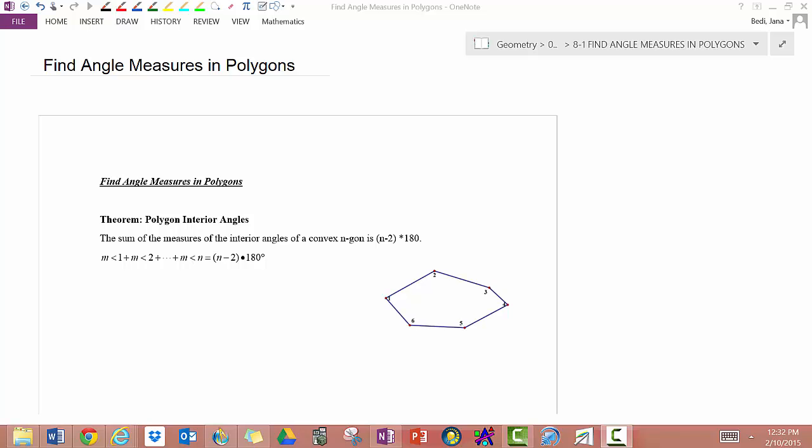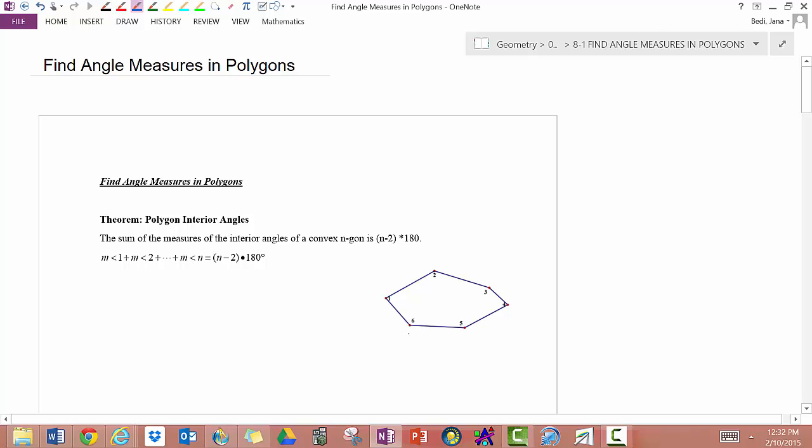Now we're going to use that fact to figure out the sum of the interior angles in convex polygons. So if you take a look at this sketch over here, you've got 6 angles and you've got 6 sides.